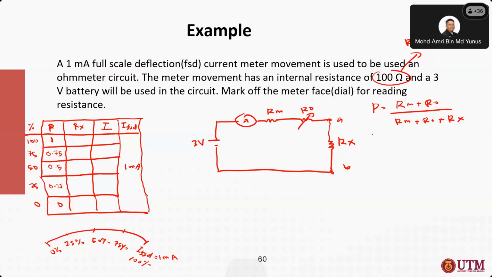So basically, if P equivalent to 1, so 1 equivalent to RM plus RO, which is 100, over 100 plus RX.